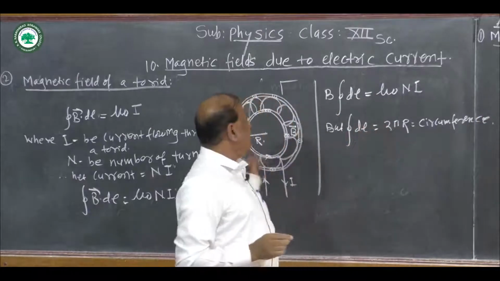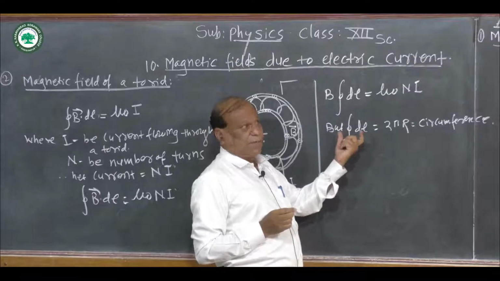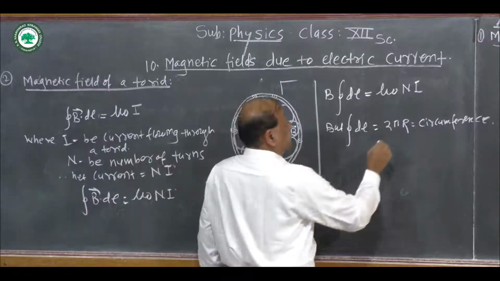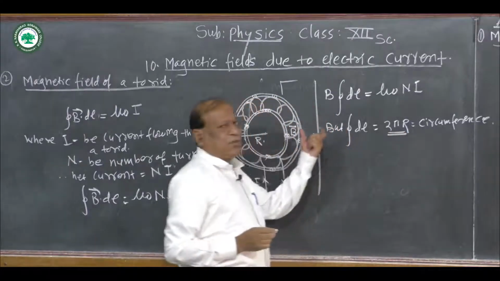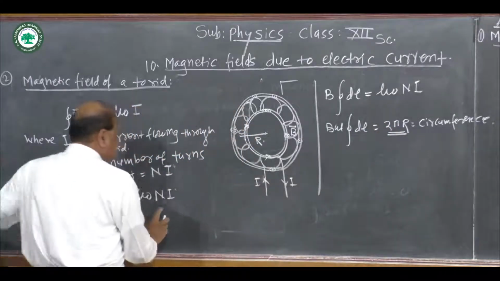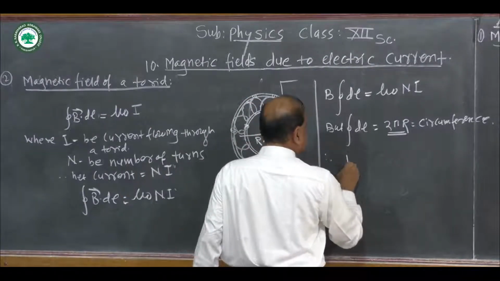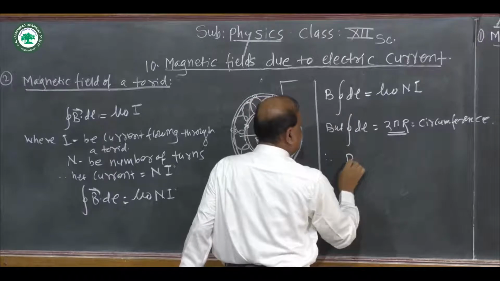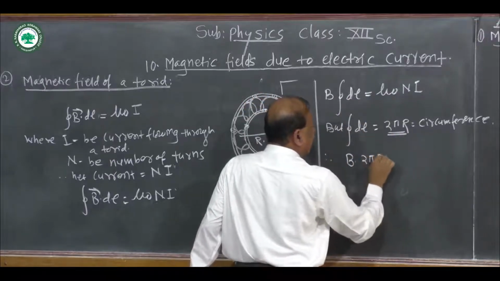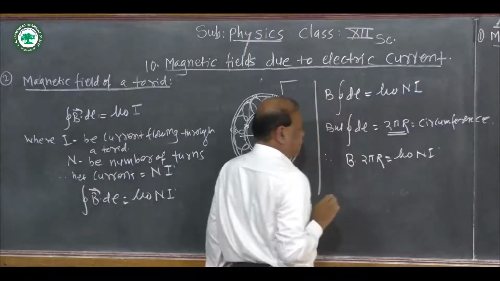The value of the closed line integral of dl is equal to 2 pi r, the circumference of that circle, the total length of this circular path. Here dl is the small element of length. Substituting this in the equation, we get B times 2 pi r equals mu 0 Ni.